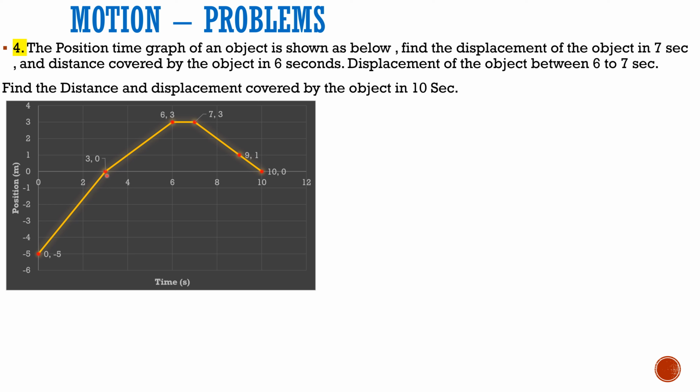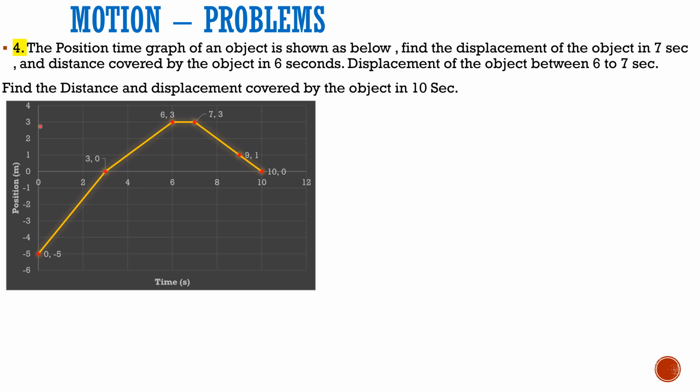So these are the points. Time is on the x-axis, which means that at time t equal to 0, the position is -5. At time t equal to 3, the position is 0. At time t equal to 6, the position is 3.